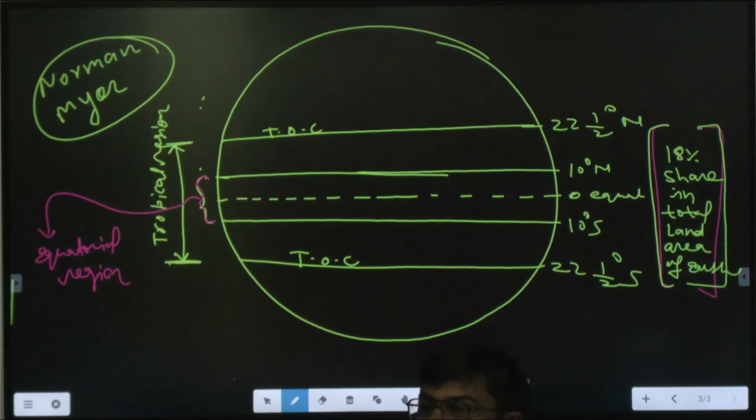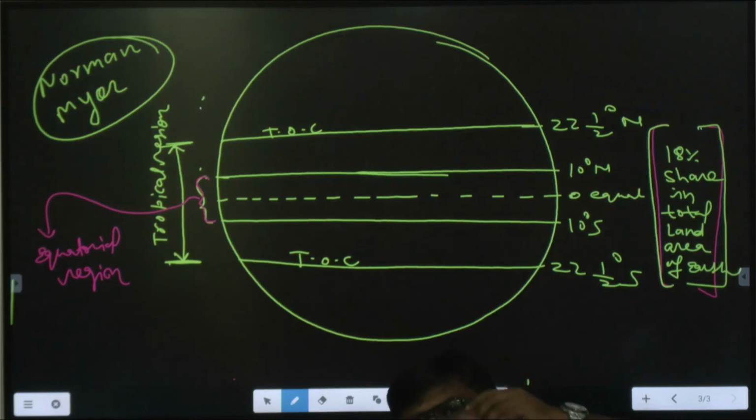But these informations are not the answer to the question of why. Why means what? Why is earth's biodiversity unevenly distributed? Now we are going to initiate this discussion, right? This discussion is very, very linked with our discussion related to ecosystem, which we have covered in our first segment.